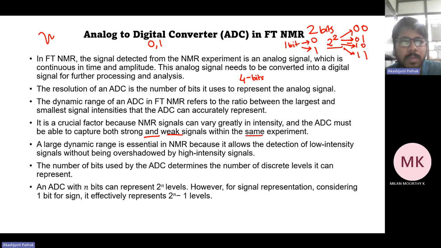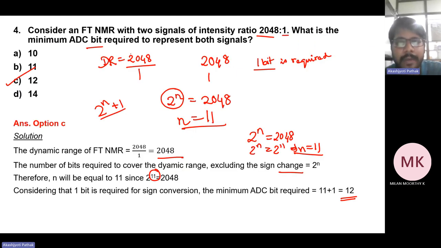So you have to decide on what should be the ADC, because the number of bits will control what will be the dynamic range of the FTNMR.